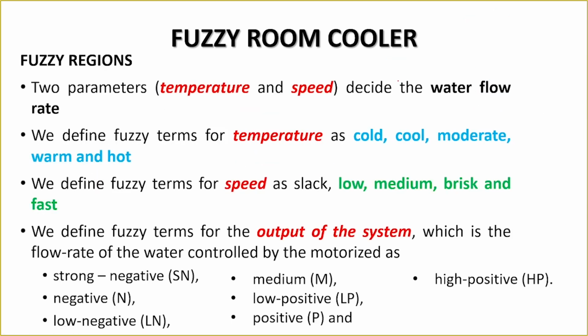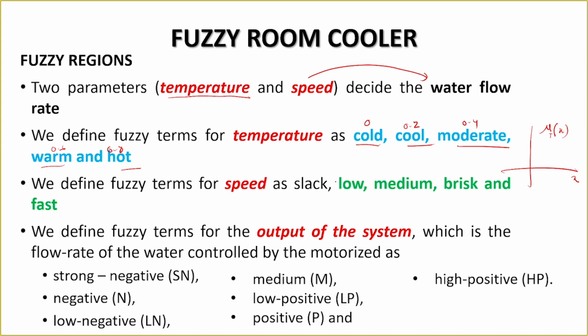For temperature, we have cool, moderate, warm, and hot, for example with values 0, 0.2, 0.4, 0.6, 0.8. These are the things related to temperature, the fuzzy subset defined based on X.